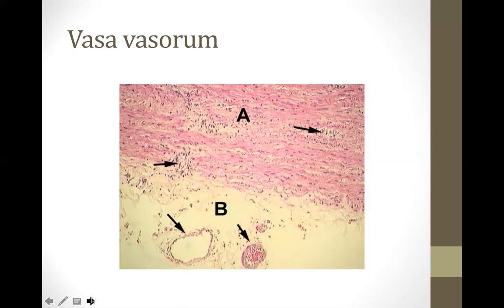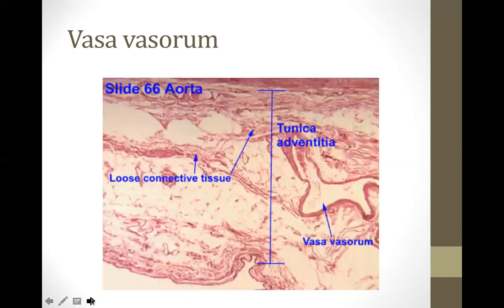Right? So, what else? Tunica adventitia. Okay, if this is the tunica adventitia, it is composed of fat, no, adipose. Makikita ninyo, this is a structure na may lumen sa loob, no? These are the blood. This is the lumen. So this is your vasa vasorum. So usually they are found at the tunica adventitia.